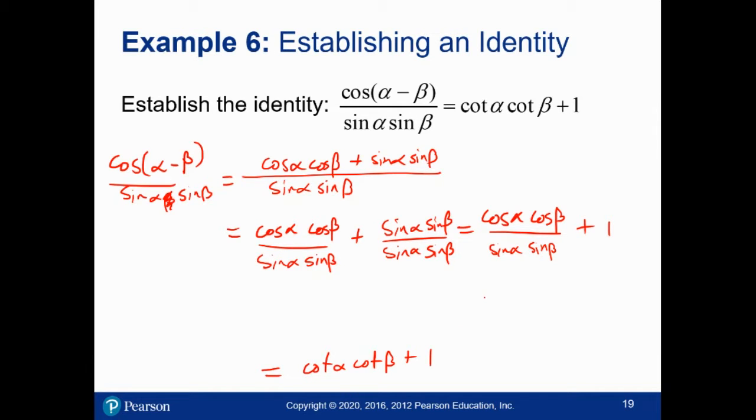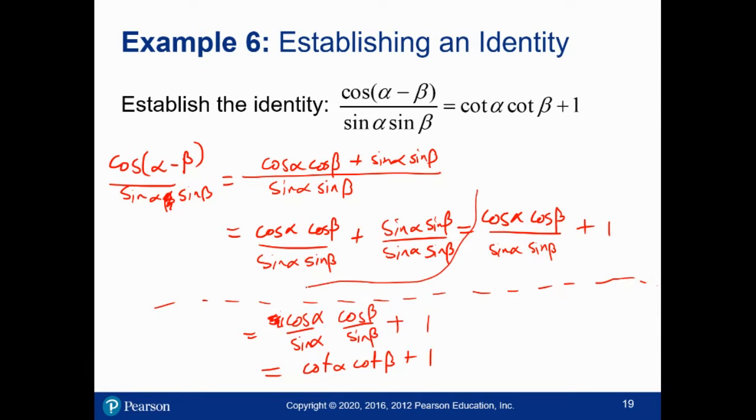And now maybe I am not sure what to do. What you can do is go down to where you want to get and start doing manipulations on it and see if you can get them to meet up in the middle. Okay, so there's still a big gap. I don't know that the top is going to equal the bottom, but what the bottom definitely equals is cotan alpha is cos alpha over sine alpha, and cotan beta is cos beta over sine beta.